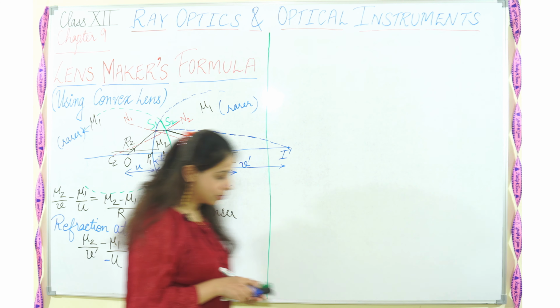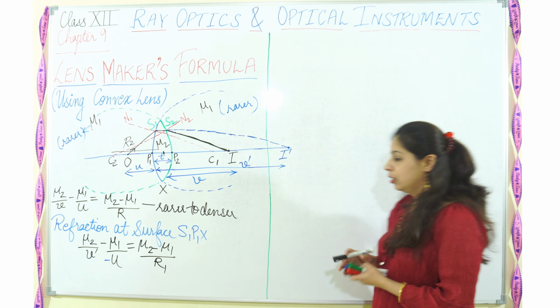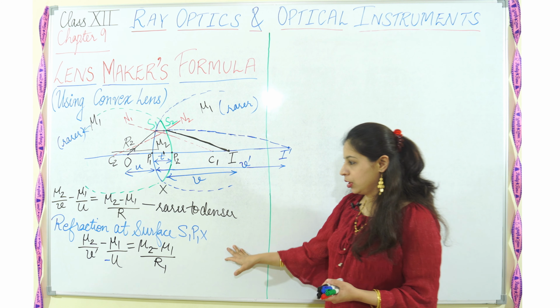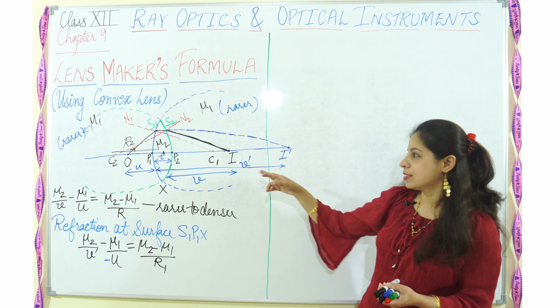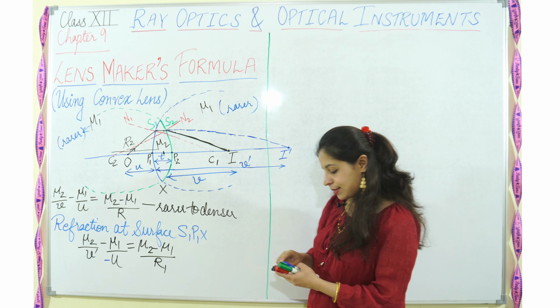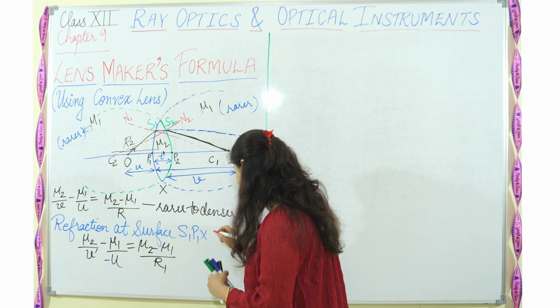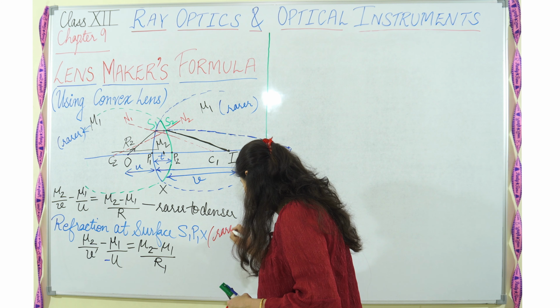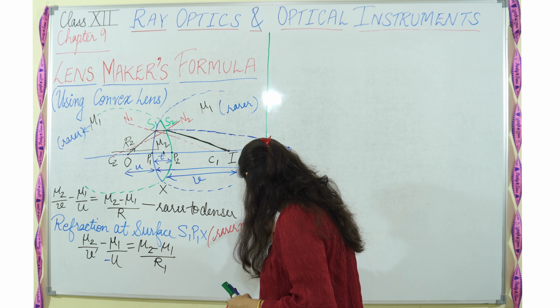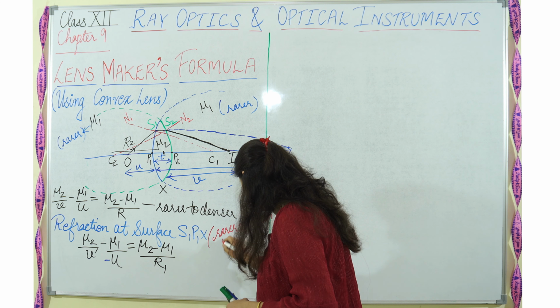Now let us move ahead and write the refraction equation for the surface S2 P2 X. Yes, this refraction is taking place from rarer medium to denser medium.